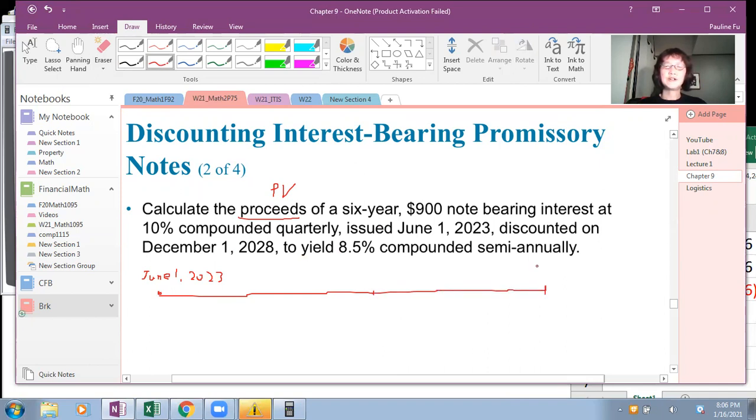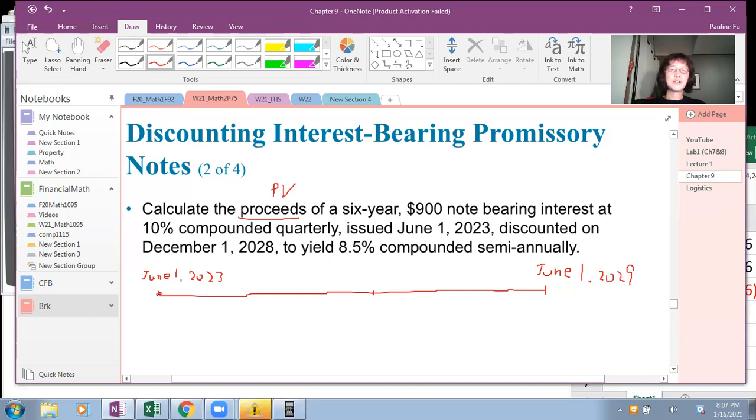Calculate the proceeds of a note bearing interest at 10% compounded quarterly.